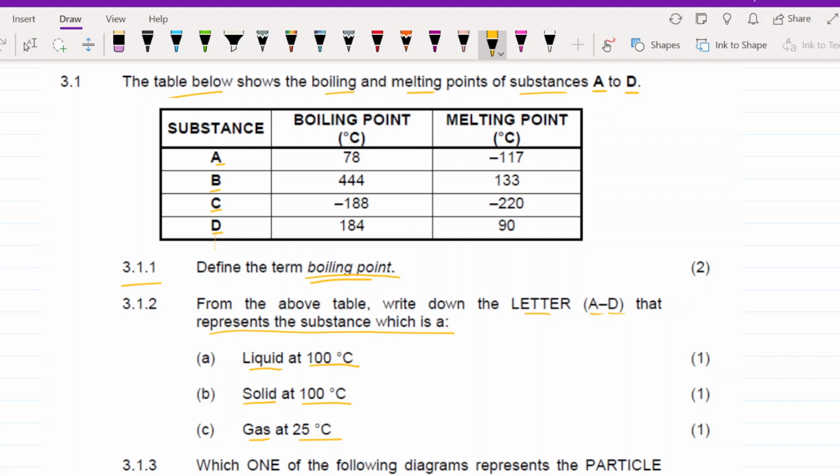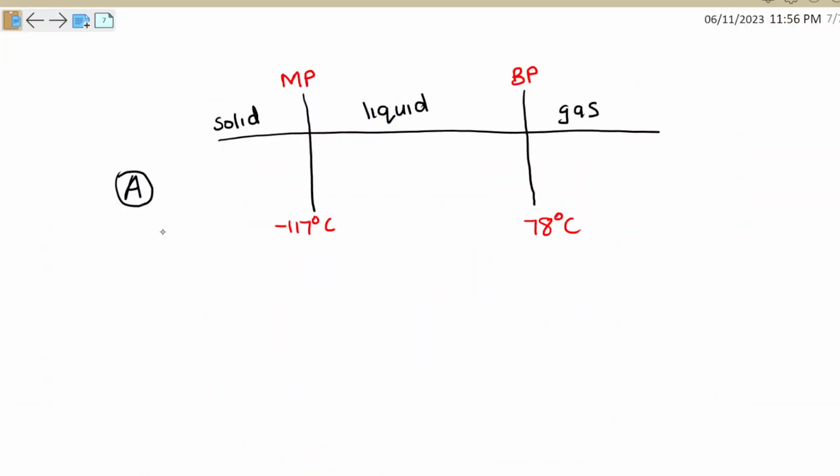If you look at the table for substance A, the melting point of substance A is negative 117 Celsius degrees, and the boiling point is 78 Celsius degrees. We are looking now at 100 Celsius degrees, what is the state of substance A?